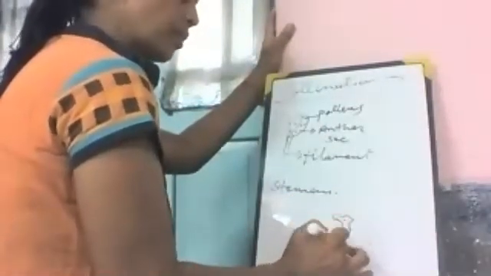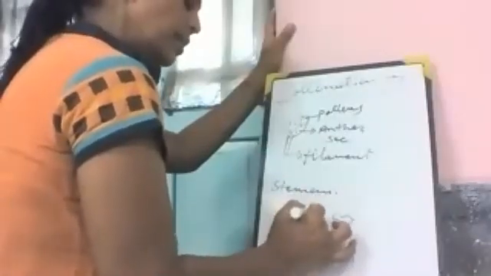When pollen from the anther reaches the stigma, the process is known as pollination. Kindly underline and note down this definition in your notebook.